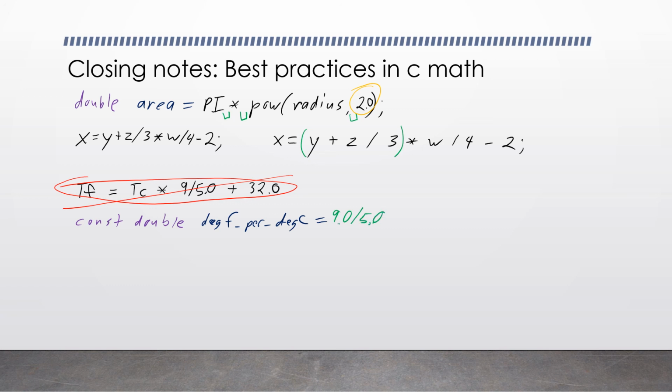And see there, that's an appropriate use of math in a declaration. Okay. Const double freezing Fahrenheit equals 32.0. Okay.